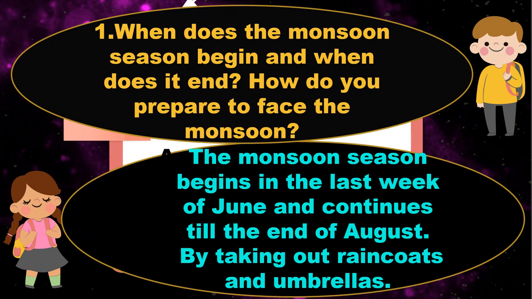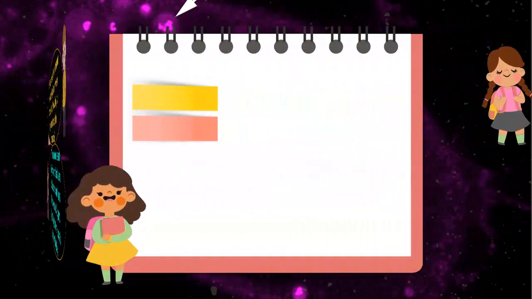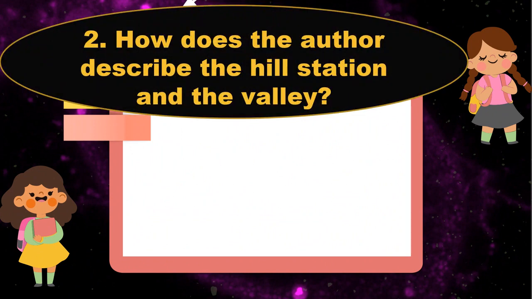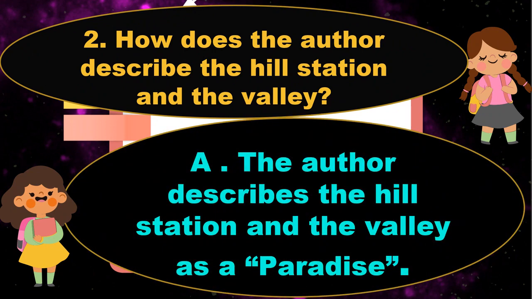Well, we usually take our raincoats and umbrellas with us when we go to school or any other places. How does the author describe the hill station and the valley? Yes, the author describes the hill station and the valley as a paradise. How do you describe, children? Just right now.